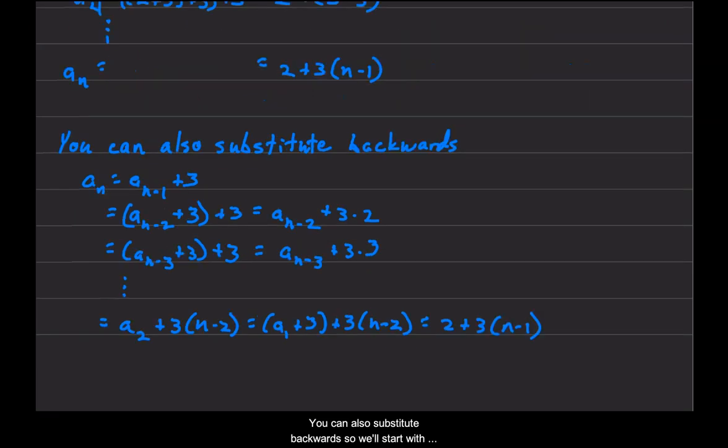You can also substitute backwards. So we'll start with a_n is equal to a_{n-1} plus 3 and work backwards. So the previous term before that would have been a_{n-2} plus 3, quantity, plus 3, which if we rewrite and simplify gives us a_{n-2} plus 3 times 2 because there were 2 of them.